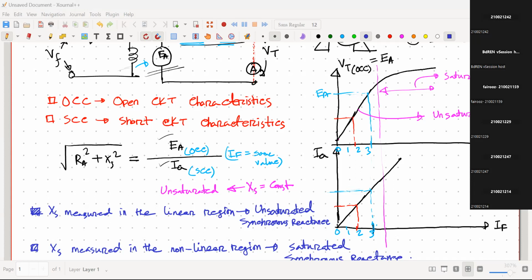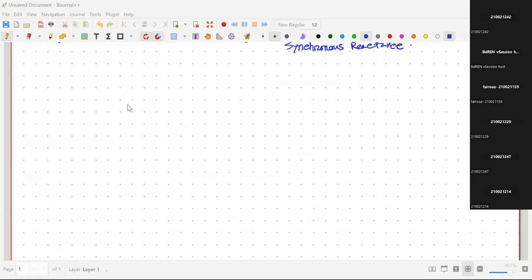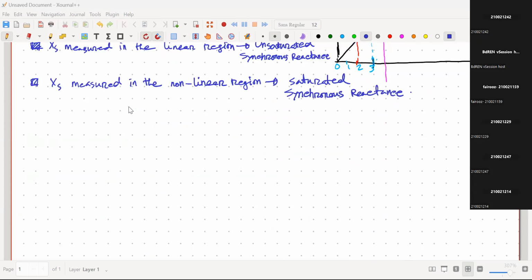Now next we are going to start another thing that is already described in our physical lecture, but still I am describing it here for your better understanding. Suppose we have a generator.